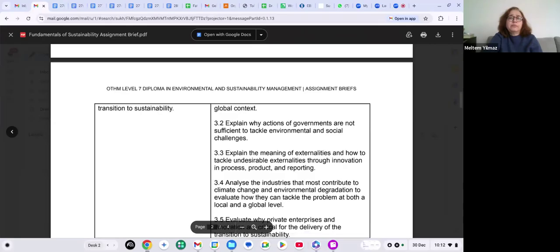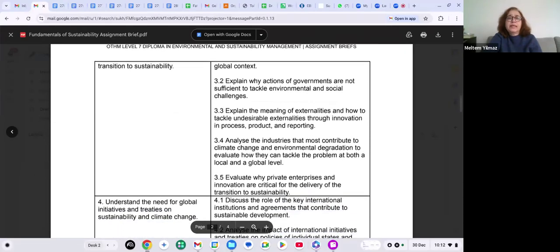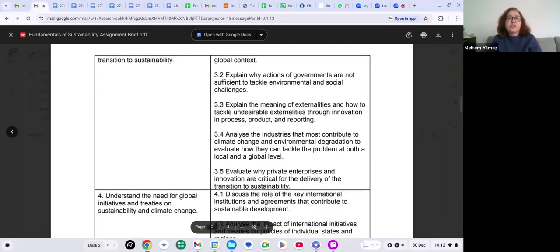The third was to explain the meaning of externalities and how to tackle undesirable externalities through innovation in processes and products and via reporting.